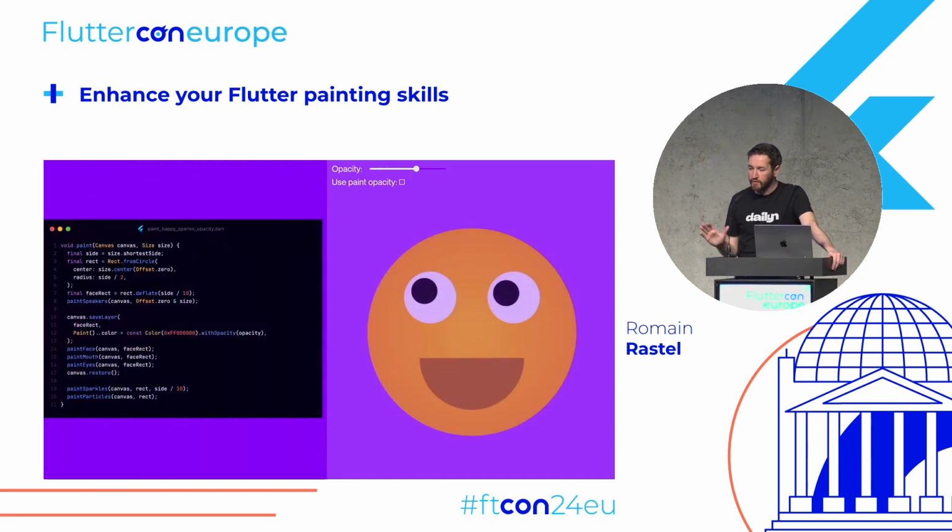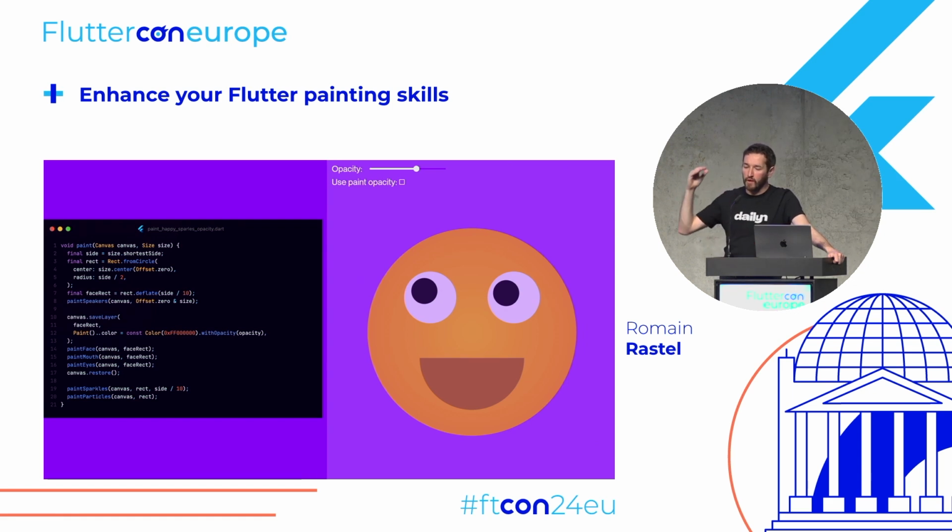Let's see a little about this in the code. What is interesting here is from line 10 to 17. First, we call the saveLayer method. We provide a rectangle where we want everything after to be combined. Then we can provide a paint, and here, in the paint, I provide the opacity I want for the whole thing.